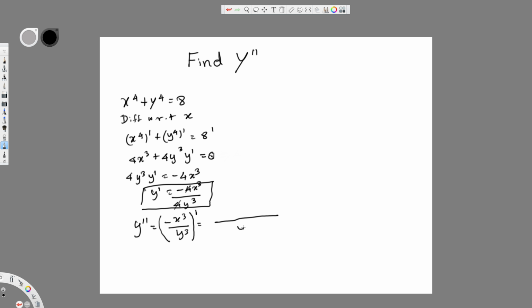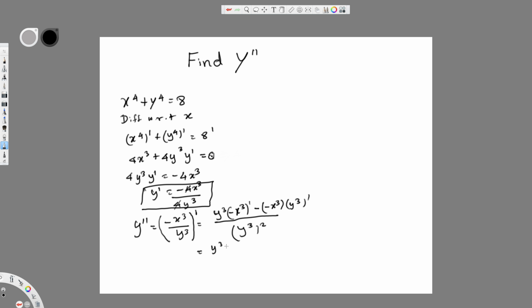So according to the quotient rule, we first take the square of the bottom, then we multiply the bottom by the derivative of the top, then minus the top as it is times the derivative of the bottom. So it's going to be the derivative of x cube, then minus x cube times y cube prime. Then we have to expand and find the derivatives.